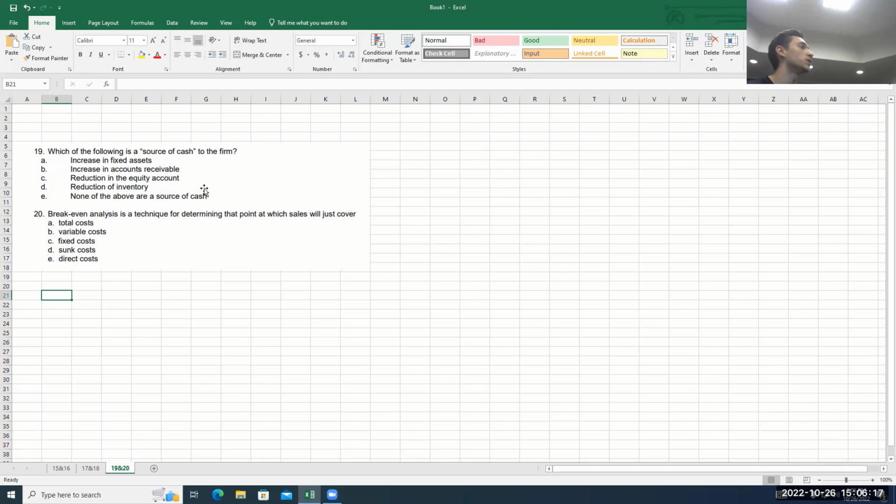At first I thought it was B, and then I saw the reduction in inventory and I was like, it makes sense because we're selling. The technical part is, if you have an income statement and balance sheet, you can get the cash from operations. You take net income and subtract the change in receivables, so a higher receivable reduces cash. You subtract the change in inventory, so higher inventory reduces cash. How do you get from the income statement and balance sheet to the cash flow statement?